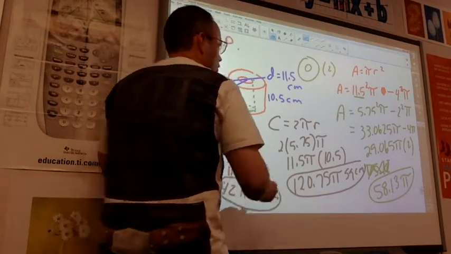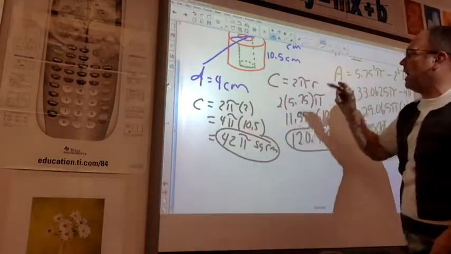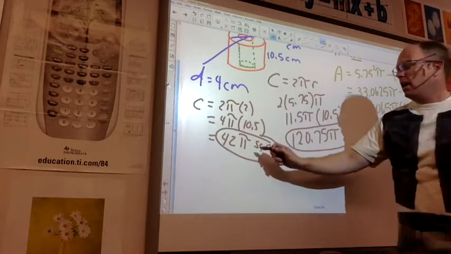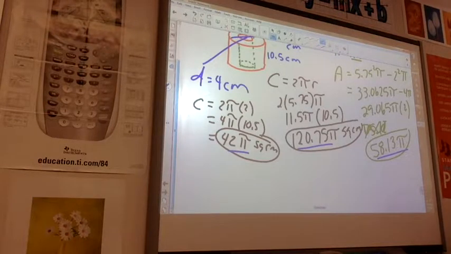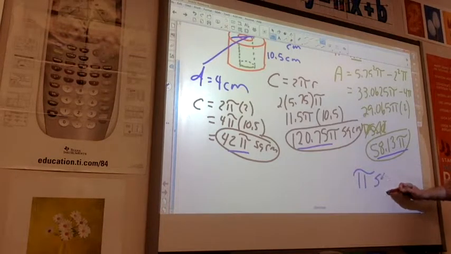So if we wanted to figure out the entire surface area, including the inside, I have this plus this plus this. Pi is part of our answer, and it's in square centimeters.